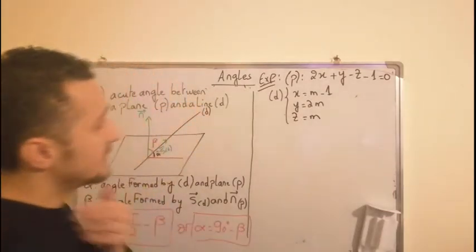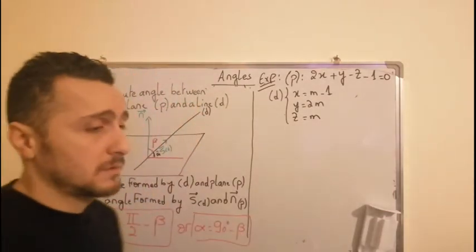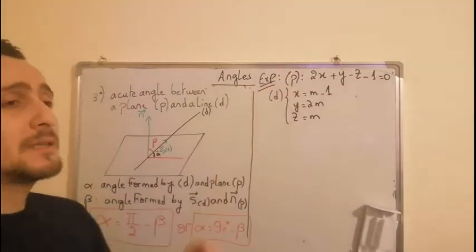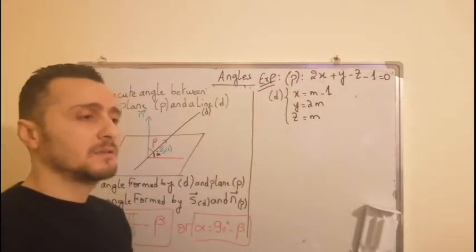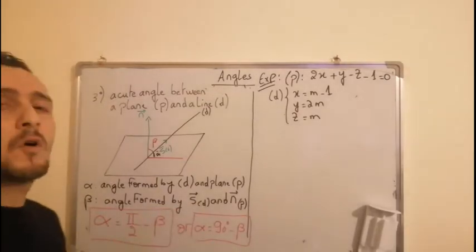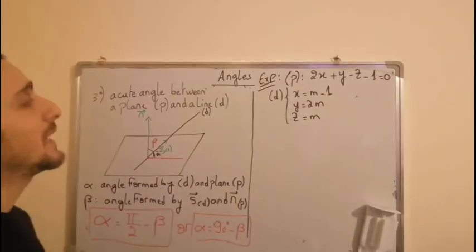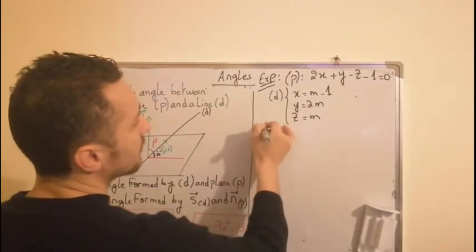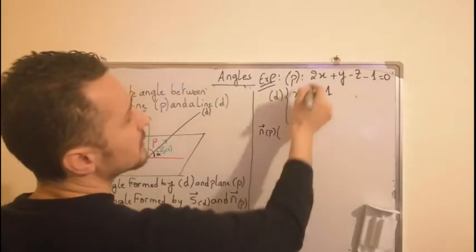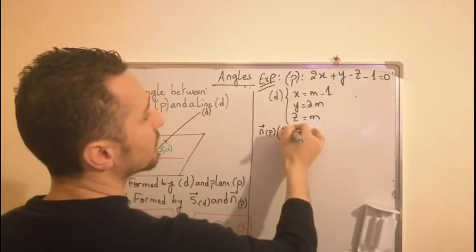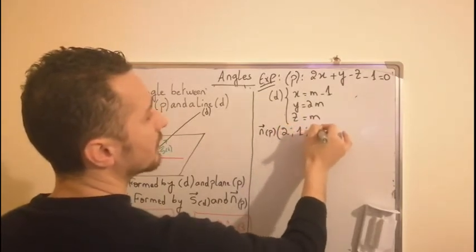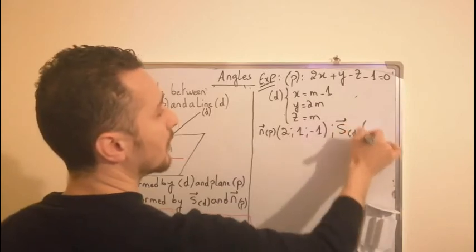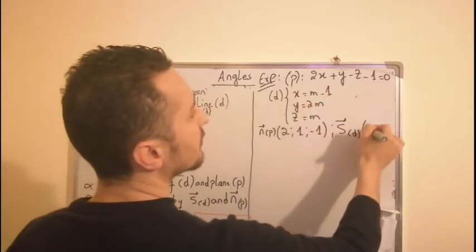The question is: calculate the angle formed by the plane P and the straight line D, the acute angle formed by the straight line D and the plane P. Normal of P is (2, 1, -1). Okay? The direction vector of straight line D is (1, 2, 1).